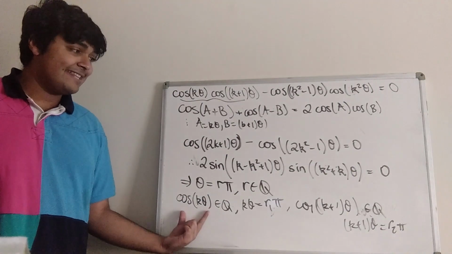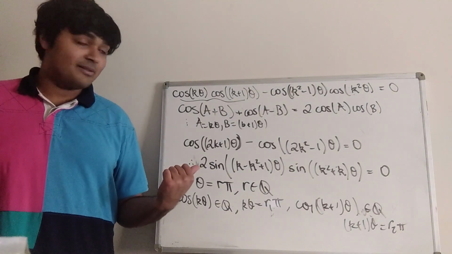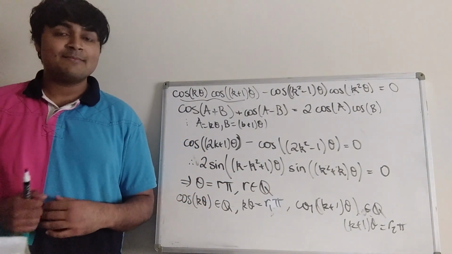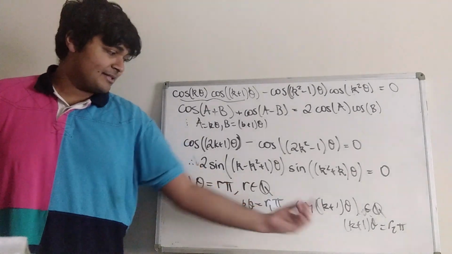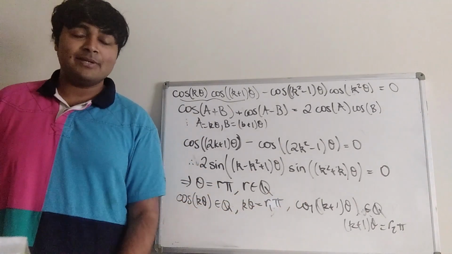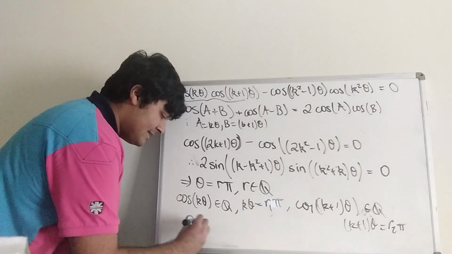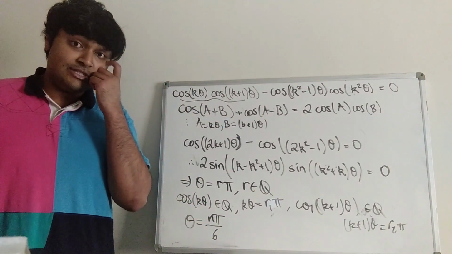So k theta is an integer multiple of pi over 6, and (k plus 1) theta is an integer multiple of pi over 6. When I look at the difference between the two, which is just theta, because (k plus 1) theta minus k theta, that's going to be an integer multiple of pi over 6. So theta is equal to n pi over 6 for some integer n.